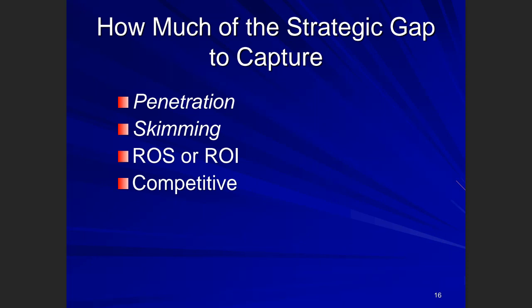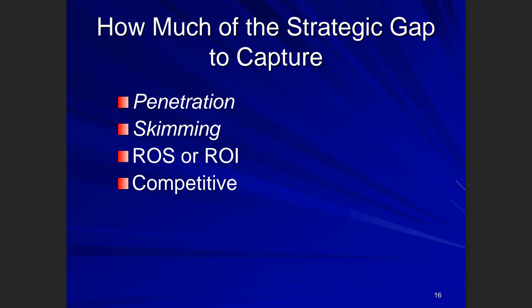Conversely, skimming as a tactic is pricing high, right? So we have that. We'll talk about those in a little bit more detail, because those are two fundamental tactical options, if you will.